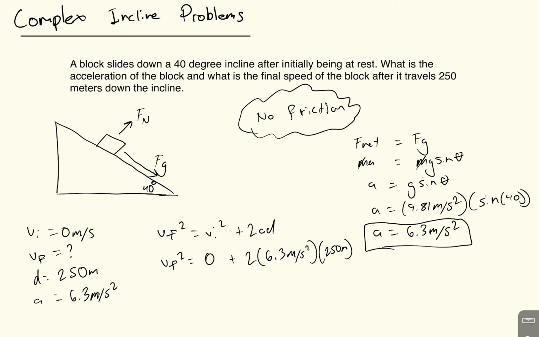And then when we square root both sides, Vf is going to be equal to 56.2 meters per second.